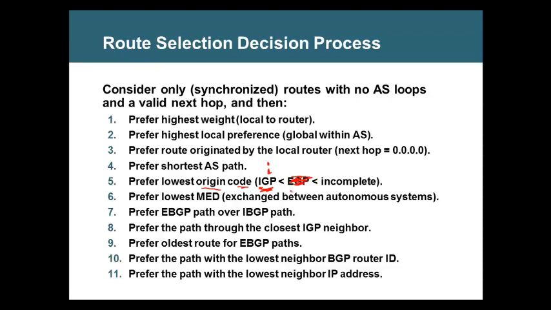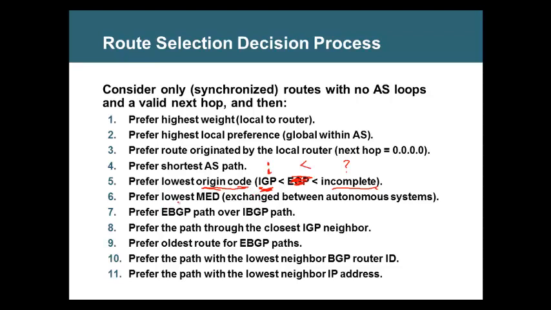There was once a protocol called EGP, which we don't have anymore. And incomplete means redistributed routes. Smaller is preferred. Which one is smaller? I is smaller, so a network advertised using the network command wins. Lowest origin code.